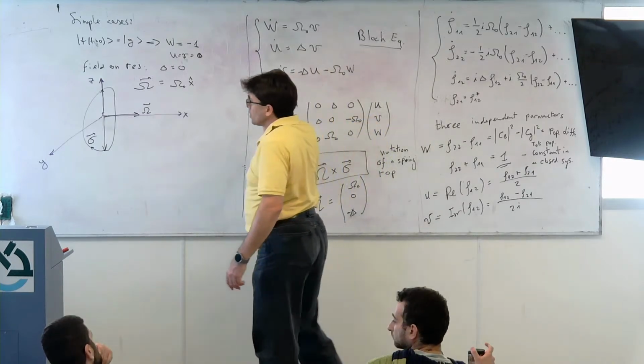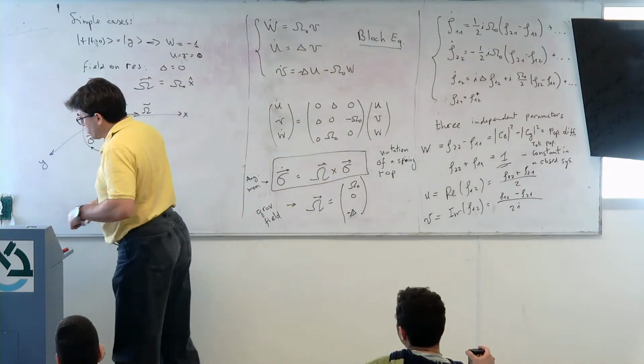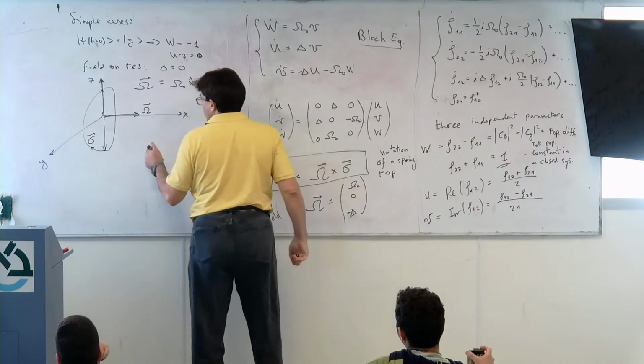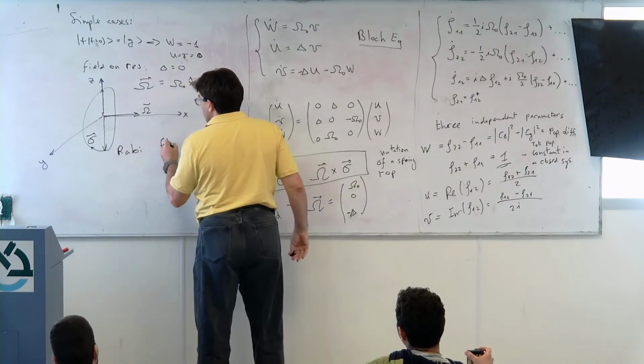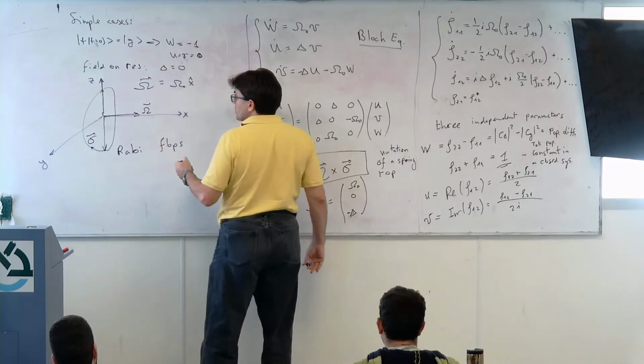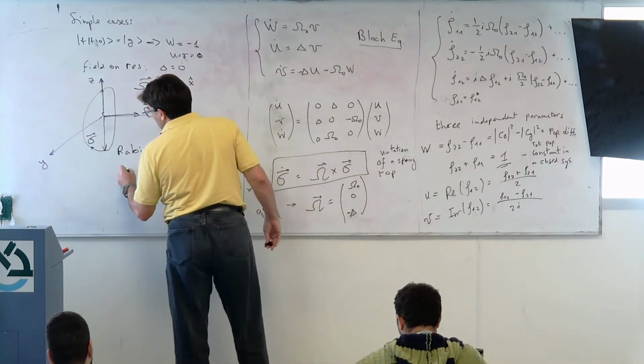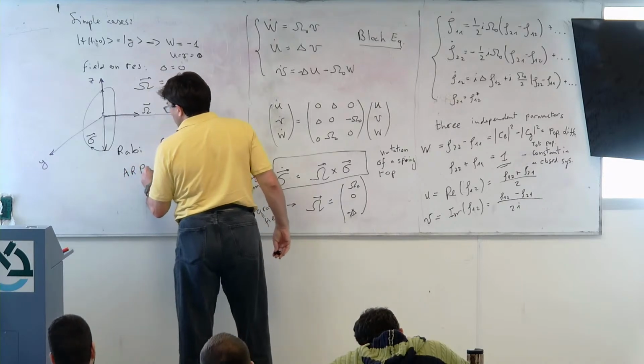So we've thought about these as Rabi flops or rotations, and we talked about adiabatic rapid passage.